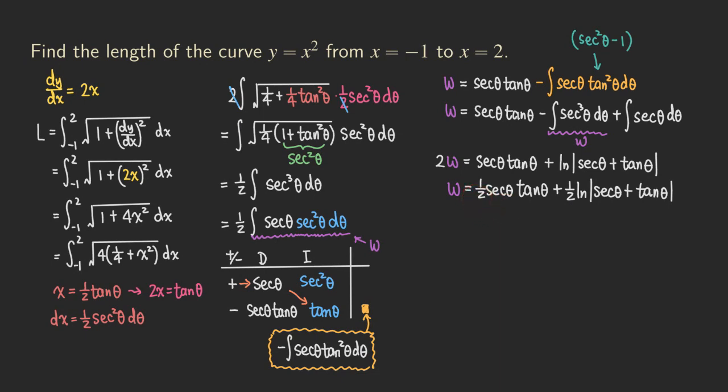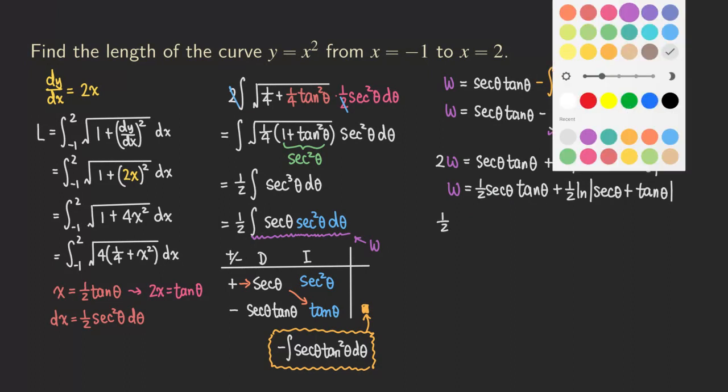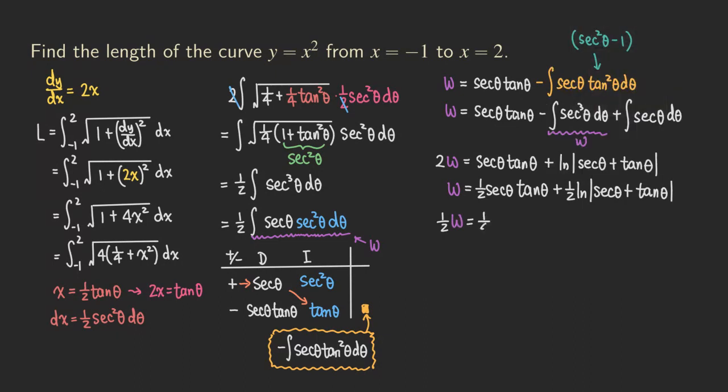Let me just multiply by the 1/2 first, so just do it step by step. Plus 1/4 ln of secant theta plus tangent theta.